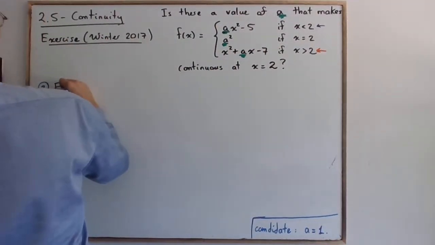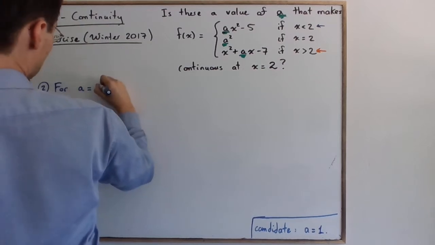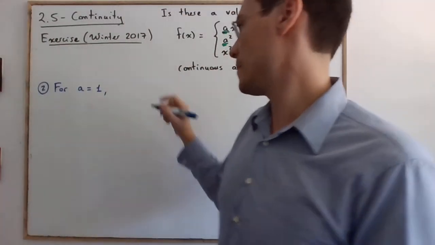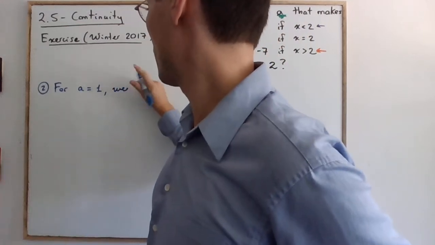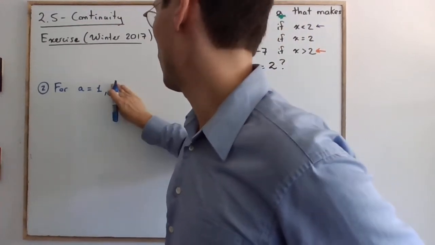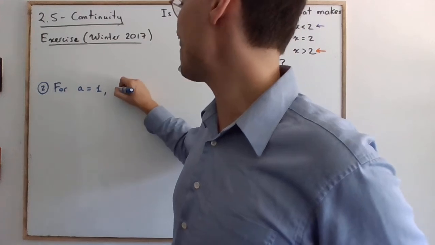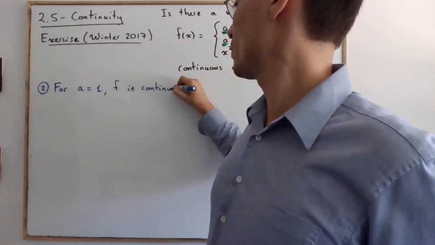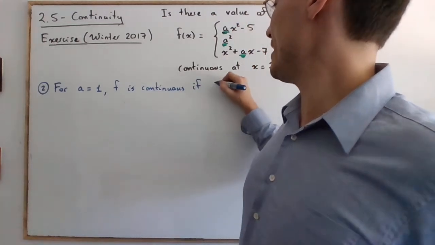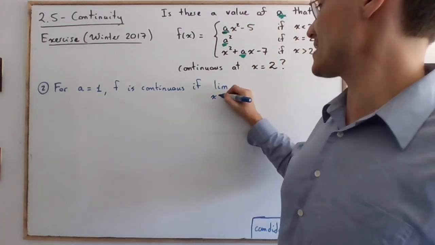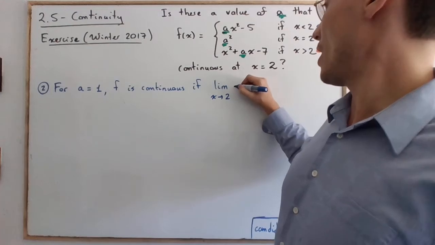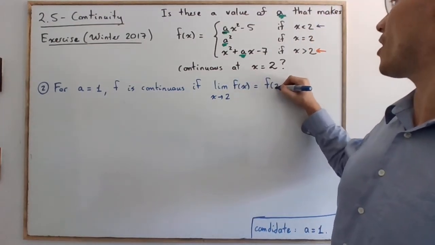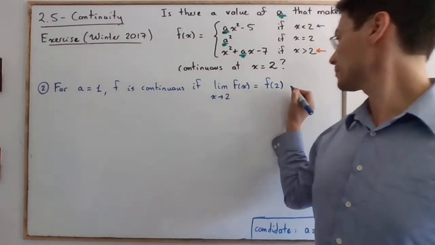So for a equals 1, we will just say that f is continuous if the limit as x is approaching 2 of f of x is equal to f of 2, okay?